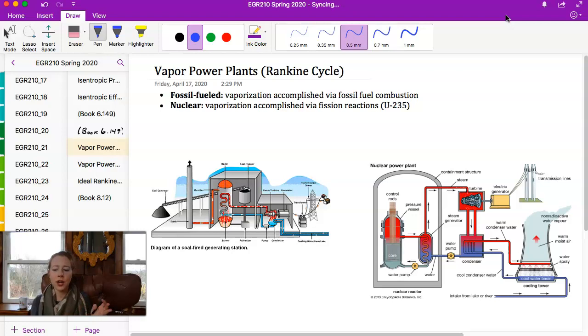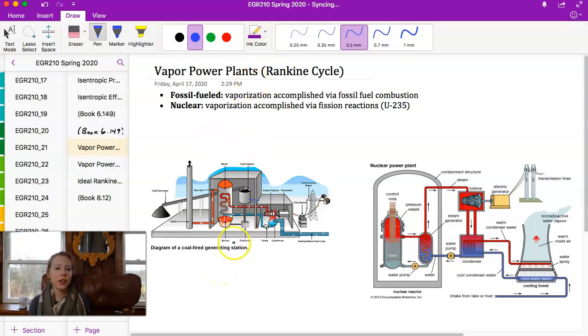And unless you're able to store it in some kind of battery, you lose it if you don't use it in real time. So there are different types of vapor power plants. You could have a fossil fueled vapor power plant, which I have a teeny diagram down here of a coal fired power plant.